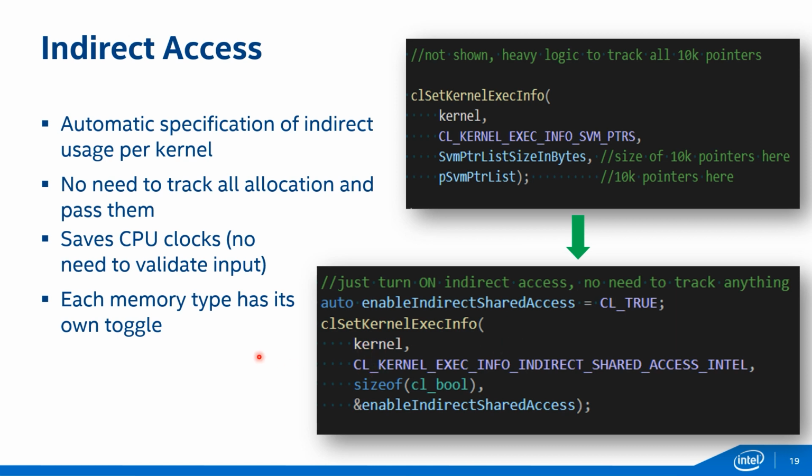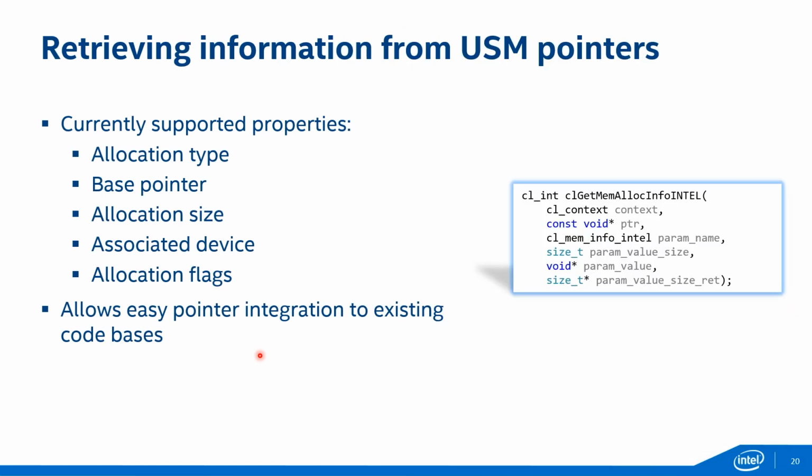Okay, going further. We also added some calls for convenience to retrieve information from the pointers using the driver. So when you start going with pointers everywhere, you may lose track of what the base pointer of my allocations is, what the allocation size is, or what the type of my allocation is. cl_mem objects like buffers have dedicated calls to retrieve this kind of information.